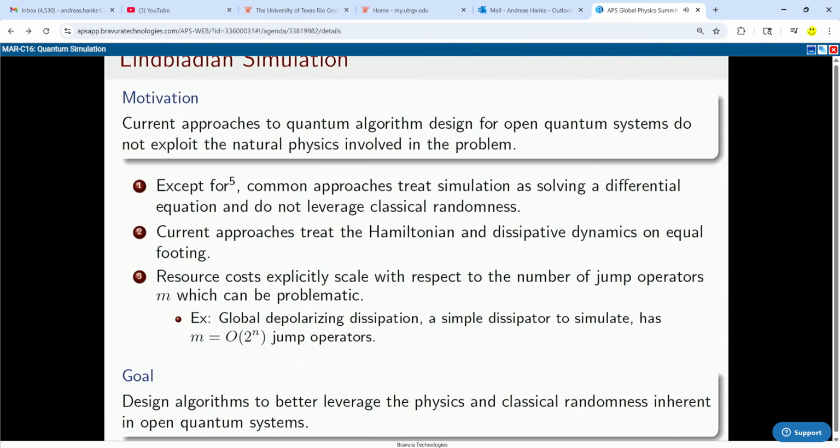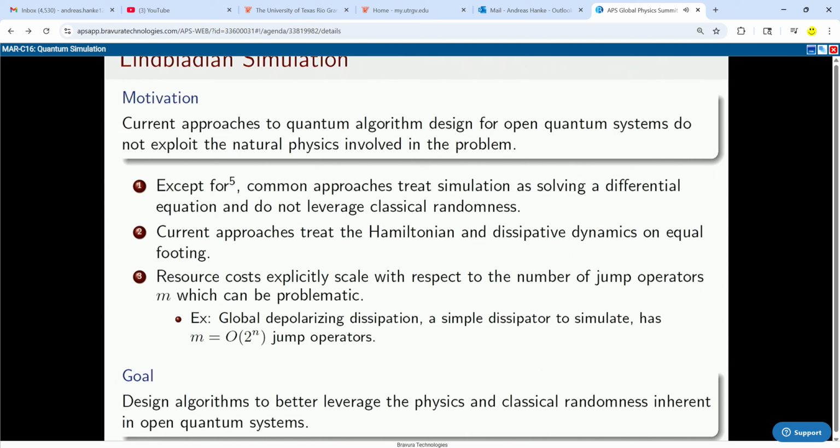And on top of that, a lot of the current approaches also treat both the Hamiltonian dynamics as well as the dissipative dynamics on equal footing. And the price we pay for such an approach is that the resource costs for such algorithms explicitly scale with respect to the number of jump operators in the dissipator.